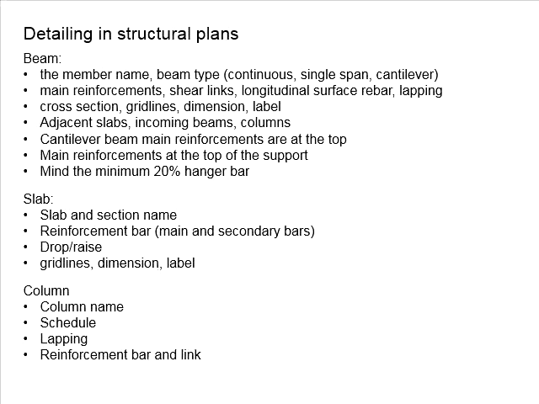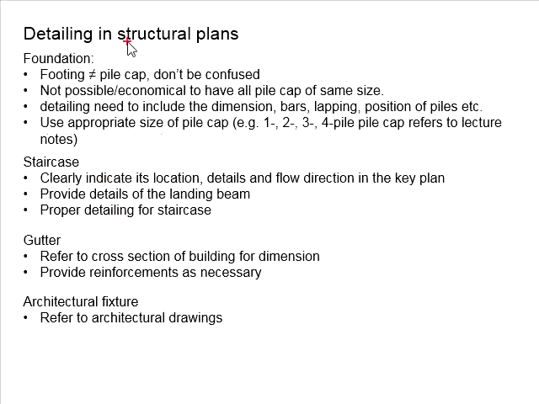In the previous videos, we mentioned the detailing of the structures. We have covered quite a lot, nearly every type of structural element that you can see in typical reinforced concrete structures. These include the beam, the slab, the columns, the foundations, the staircase, the gutters, as well as the architectural features.